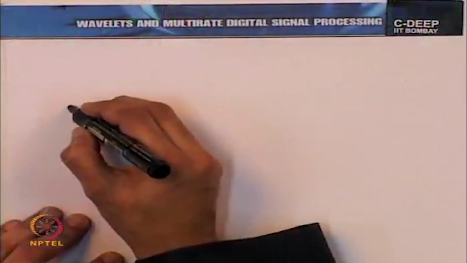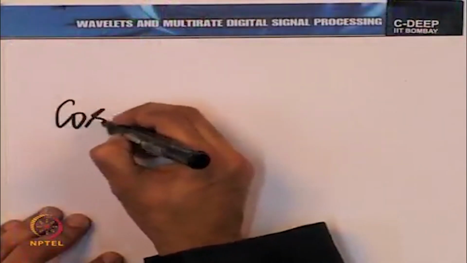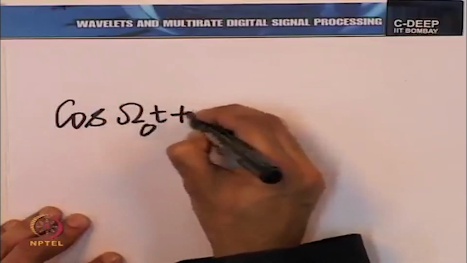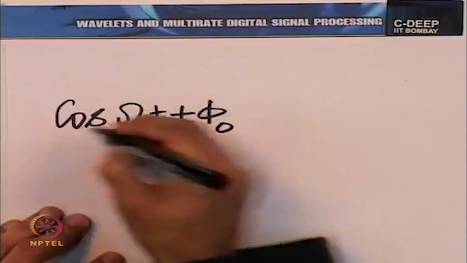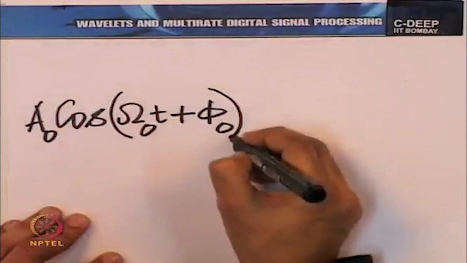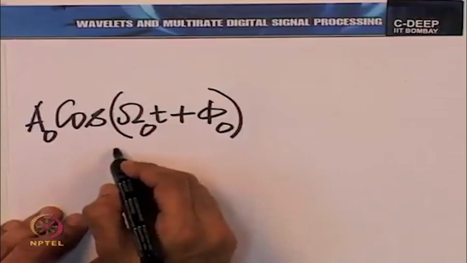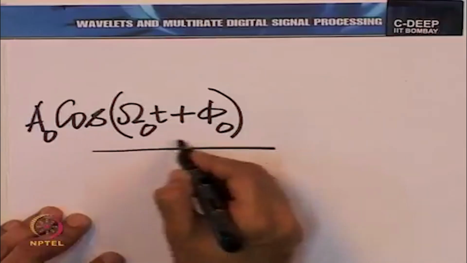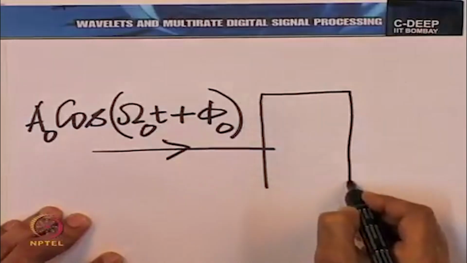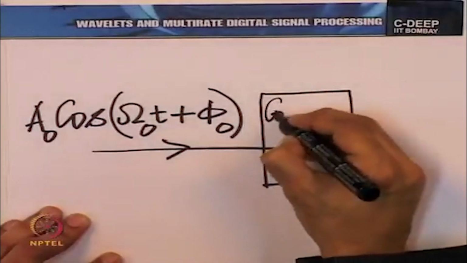Suppose we fed a sine wave, let us say cos(Ω₀t + φ₀) times A₀. So, amplitude A₀, frequency capital omega naught, phase φ₀, to a continuous time filter.